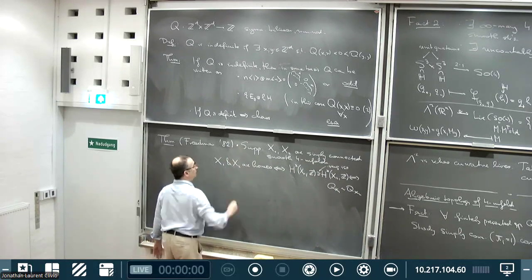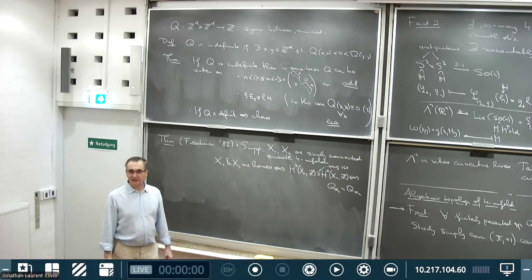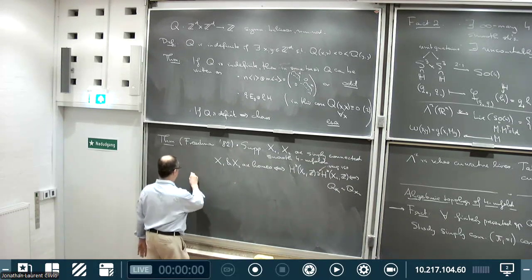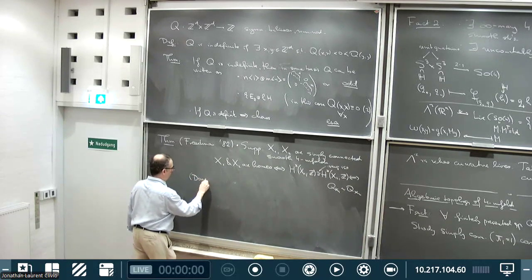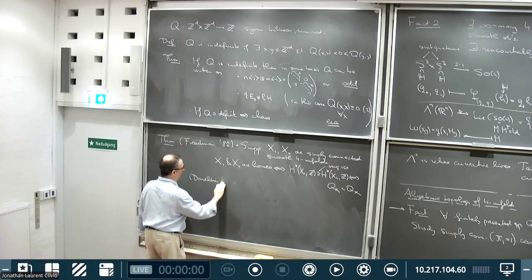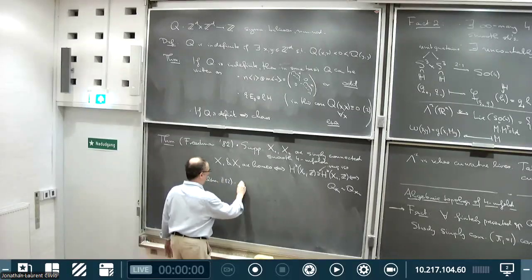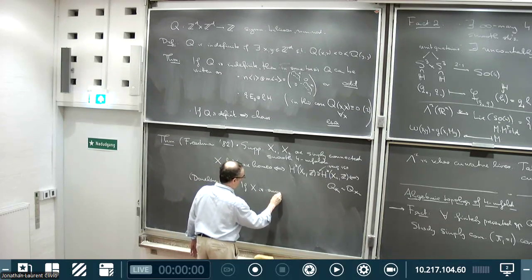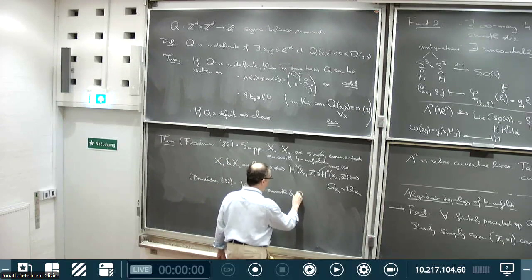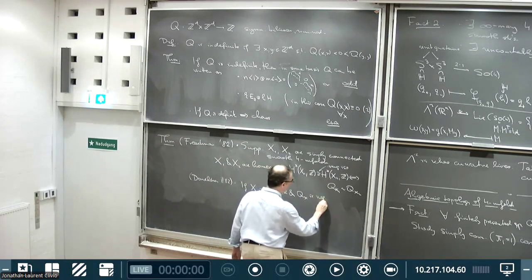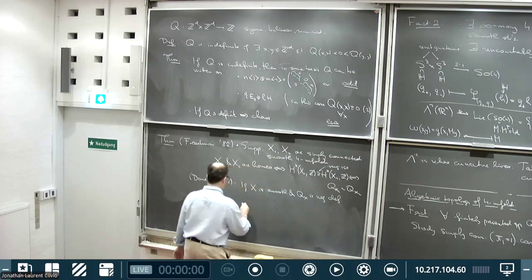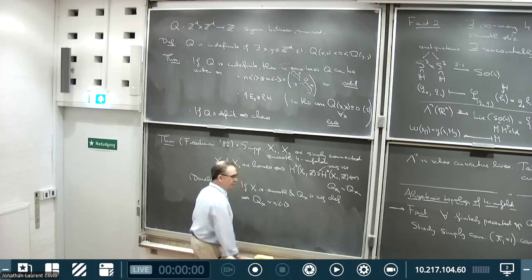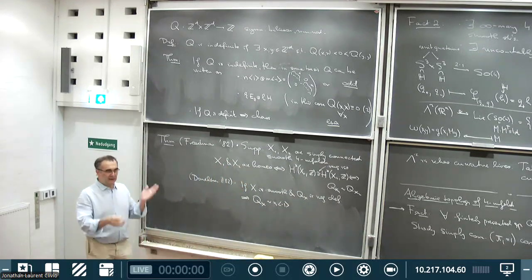Okay, so this is one theorem. This shows that an active union for four-dimensional topology, as we'll see. The next theorem is Donaldson, again '82. If X is smooth, and Qx is negative definite, then Qx is isomorphic to the diagonal form.